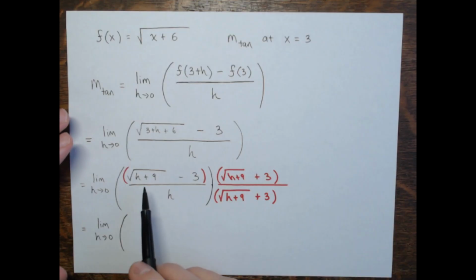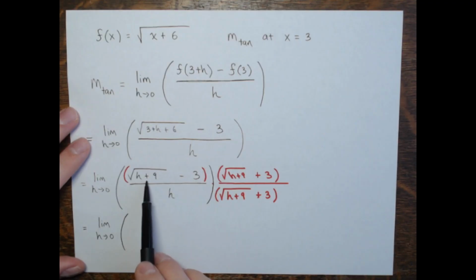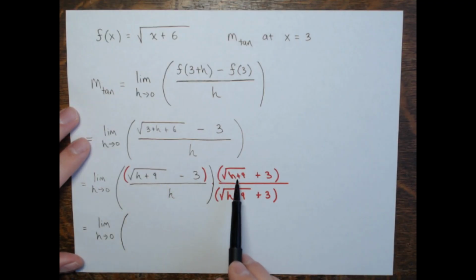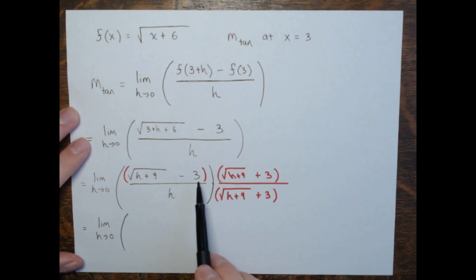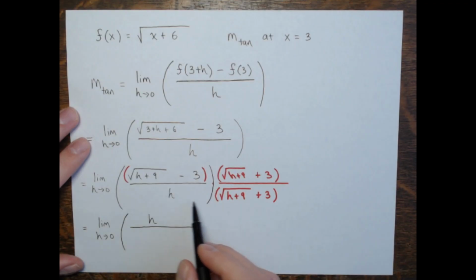Already almost an hour and a half in, I'm going to skip some algebra steps if need be. Square root of h plus 9 squared would be h plus 9. Then you'd have minus 3 squared, which would be minus 9. H plus 9 minus 9 would just be h. And then down here, h times that conjugate, square root of h plus 9, plus 3.